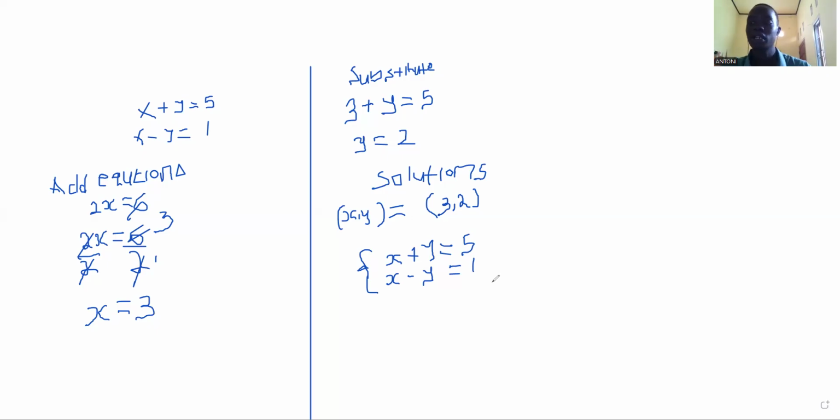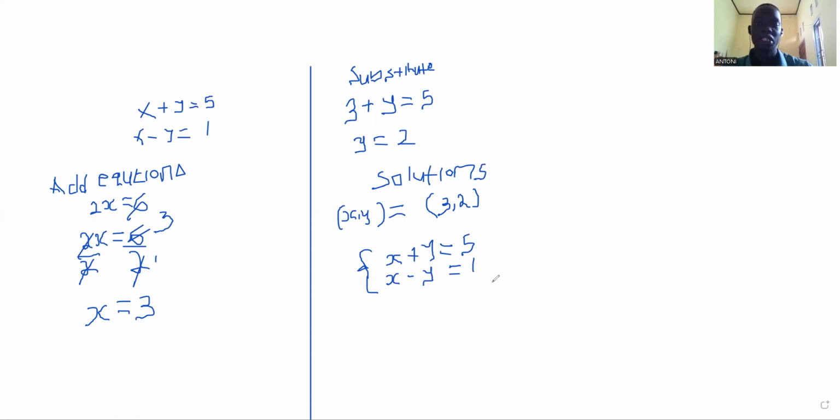Let's continue. Now, I solved the past example using the elimination method, because I eliminated a variable from the equations to get the value I needed to solve the second equation, and this is called the elimination method.